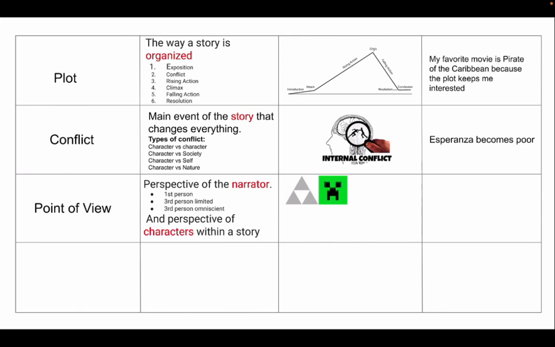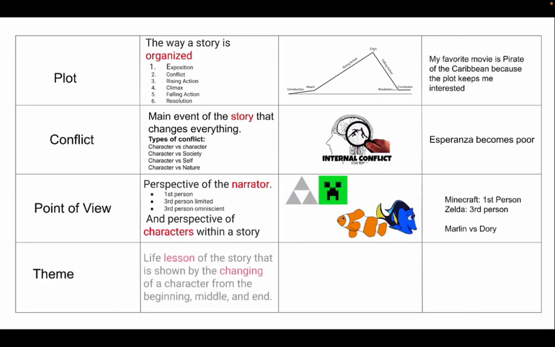Super Smash Bros, though, is third person omniscient because we can see all of the characters at once. And then Minecraft is first person because you aren't seeing the body of the character, you're just seeing the axe doing stuff. And then the two different perspectives between characters would be like Marlin versus Dory, because those two characters have really different perspectives or thoughts or beliefs from each other. That's also what I wrote for my connection to help me remember point of view.